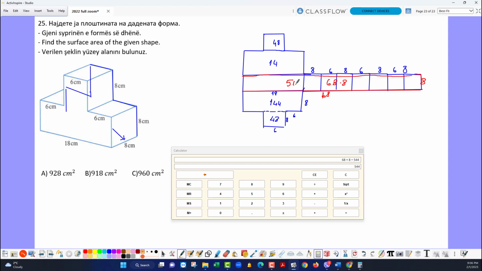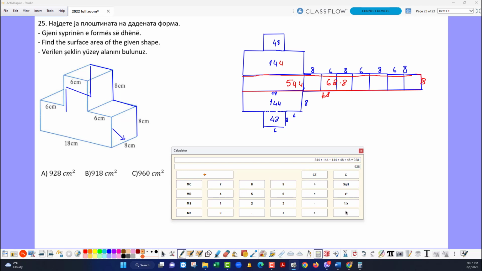So 544 plus 144 plus 144 plus 48 plus 48 it's going to be.